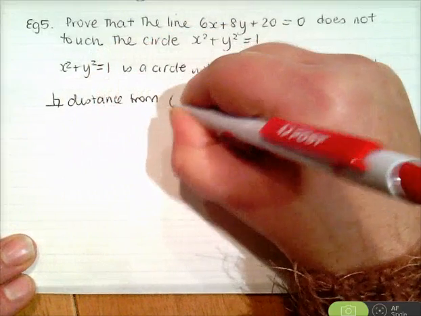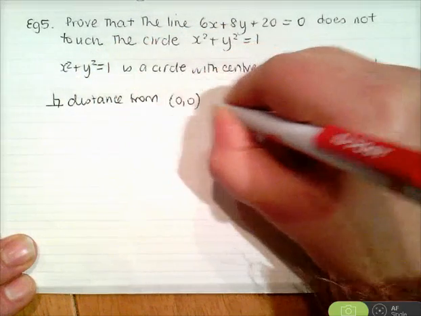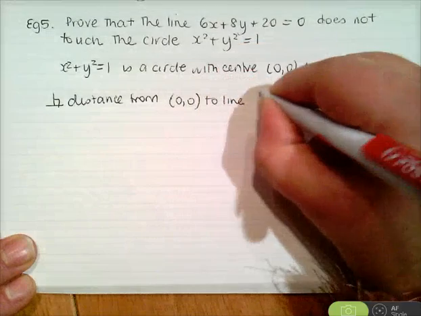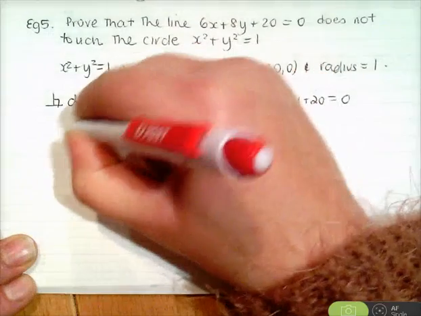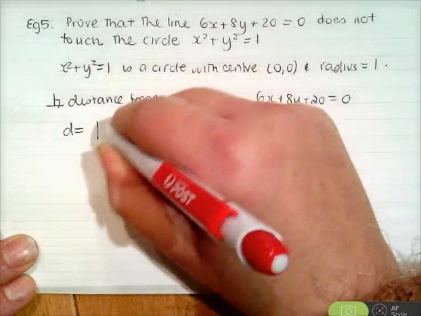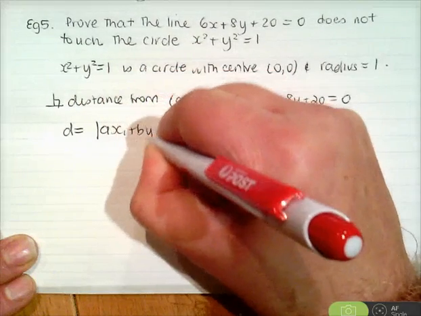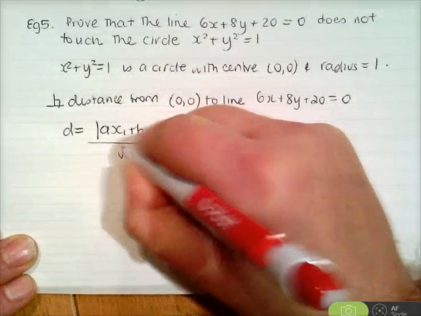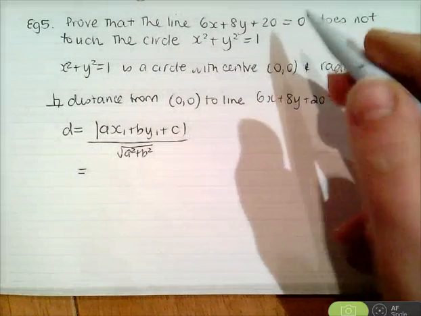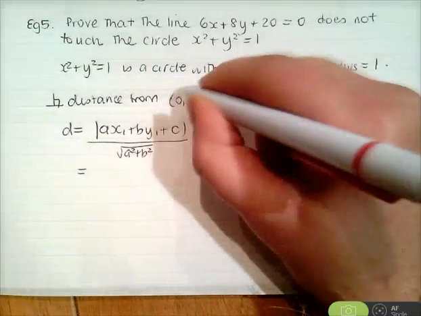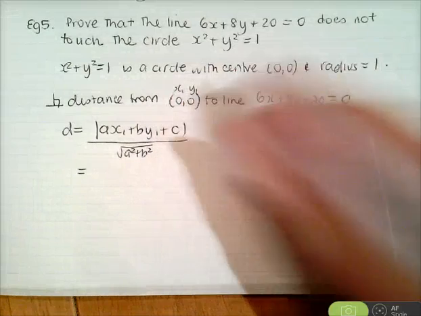Okay, now we're going to work out the perpendicular distance from the centre of the circle, so from 0, 0 to the line 6x plus 8y plus 20 equals 0. So D equals absolute value of ax1 plus by1 plus c over the square root of a squared plus b squared. Now we've already done this question earlier, but I'll just do it again. Remembering our point x1, y1 is 0, 0.